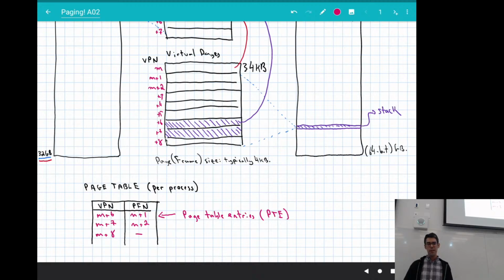Every process will have its own page table, and we have the responsibility of putting a page table into memory and then filling up the page table for that process. And we're going to tell the hardware what the page table's base location is, where the page table starts. This is the page table base register.